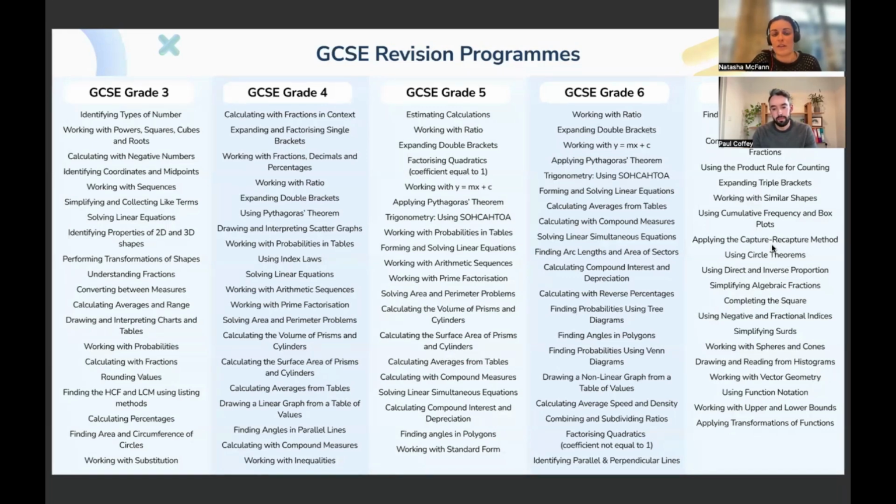So, for example, when schools come to us to use the GCSE programme, we'll have a range of students. So we'll have some students working through that grade 4 list, other students working through that grade 5 or grade 6 or grade 7 list. So it's really tailored to get the most out of their revision depending on where they're working at.